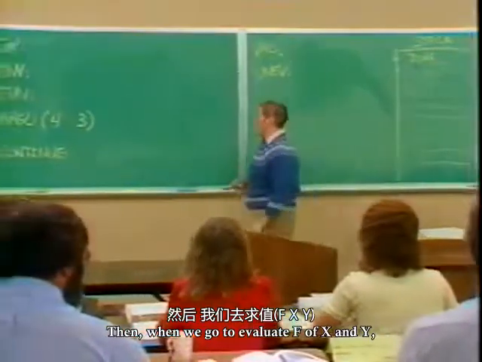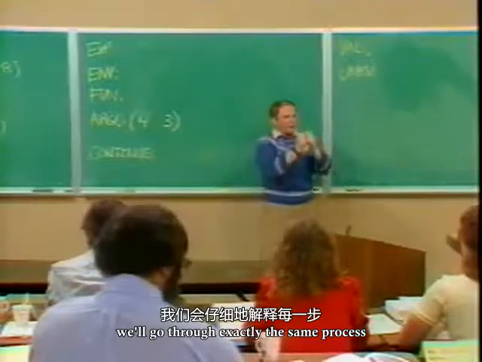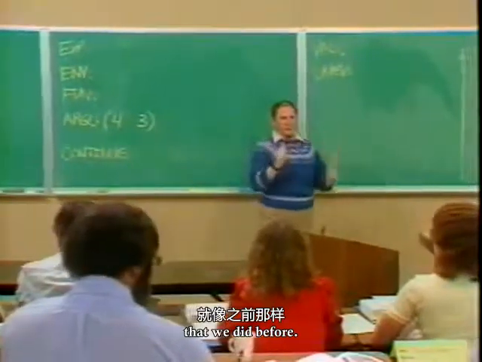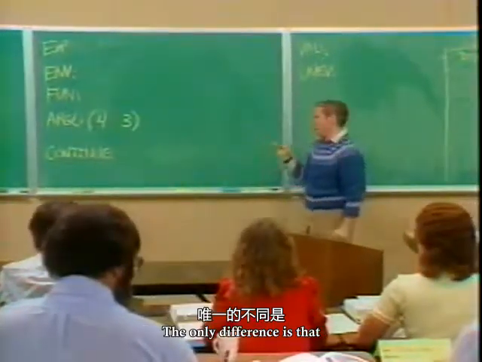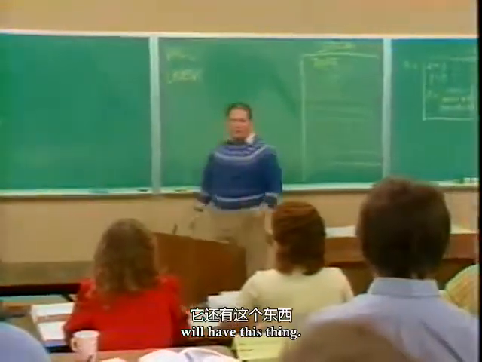Then when we go to evaluate f of x and y, we'll go through exactly the same process that we did before. It's even the same expression. The only difference is that f, instead of having primitive plus in it, will have this thing.